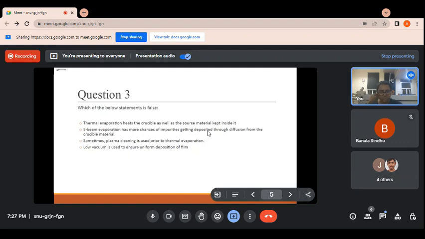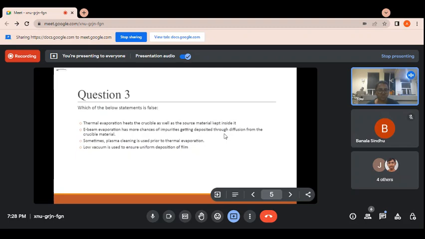E-beam evaporation has more chances of impurities getting deposited through the diffusion from the crucible material. The crucible is the substrate holder, no? So here it is saying that from the substrate holder to the material which will be deposited, the impurity is adding. So in E-beam evaporation what happened? In the particular portion where the E-beam is going, only that material is evaporated and deposited on the substrate.